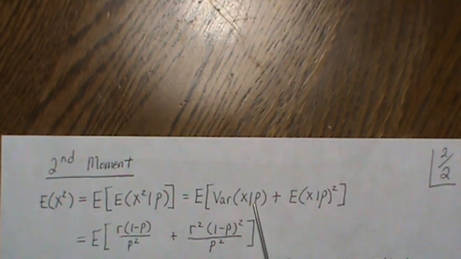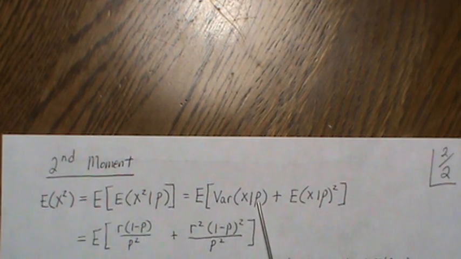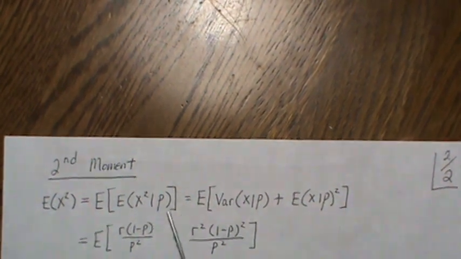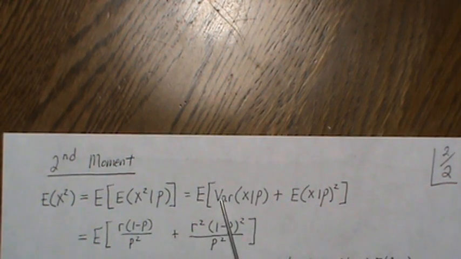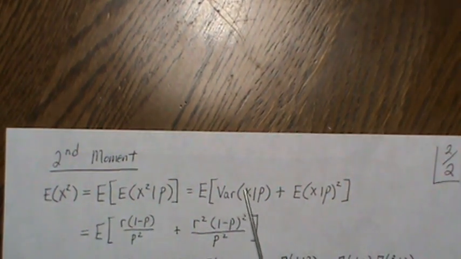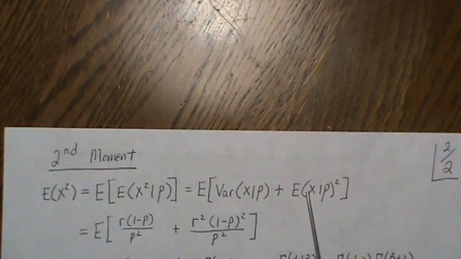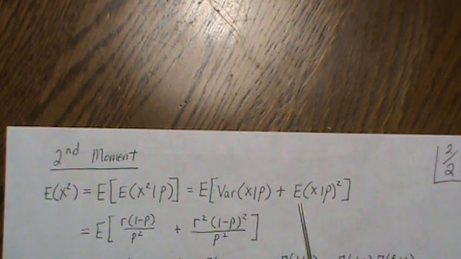Because the variance is equal to the expected value of x squared minus the mean squared. So you can back solve for just the expected value of x squared. Well, now when we get to here, we know the variance of a negative binomial and we know the expected value of a negative binomial. So we just plug them in.